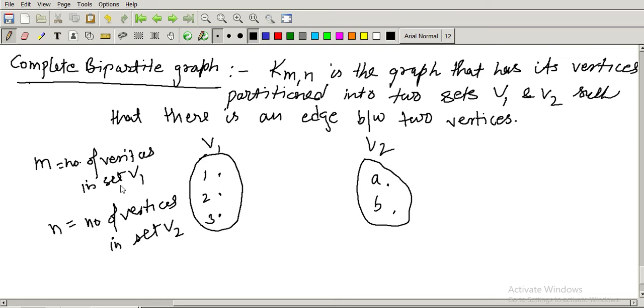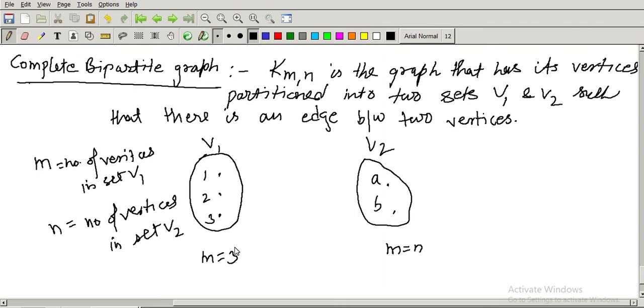So here the value of m is 3, and the value of n is 2. The definition says that we have some vertices, which are 5 here: 1, 2, 3 and A, B. There are 5 vertices.